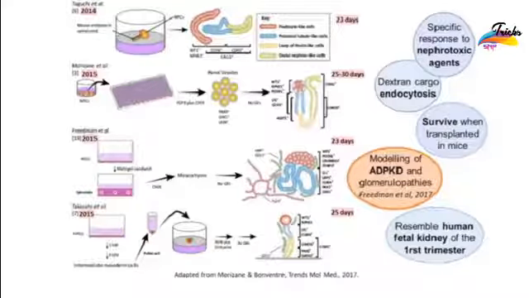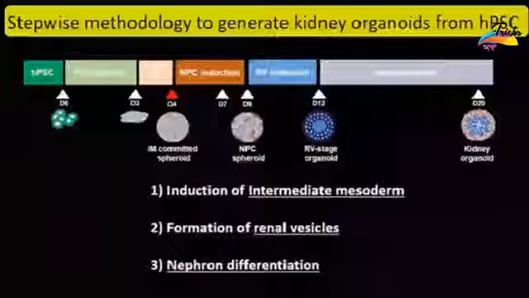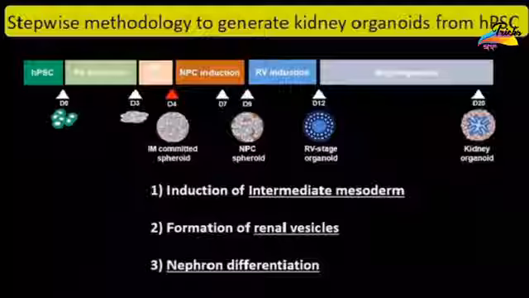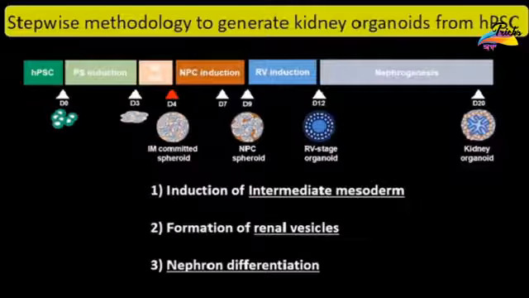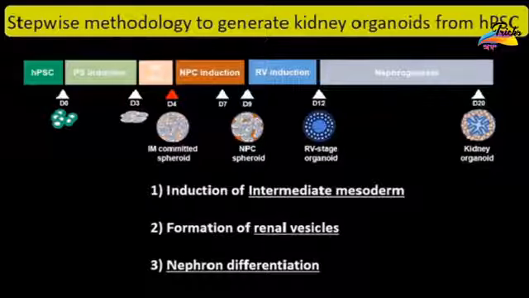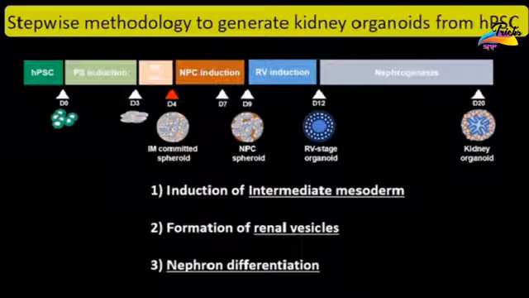Given all these important findings, we decided to propose a protocol in our laboratory to derive kidney organoids from human pluripotent stem cells by mirroring important steps of kidney development. So we first induce the formation of primitive streak from progenitor cells, and then we derive kidney organoids.